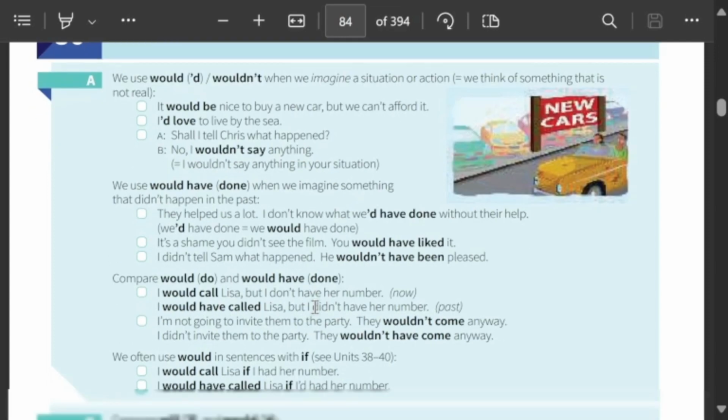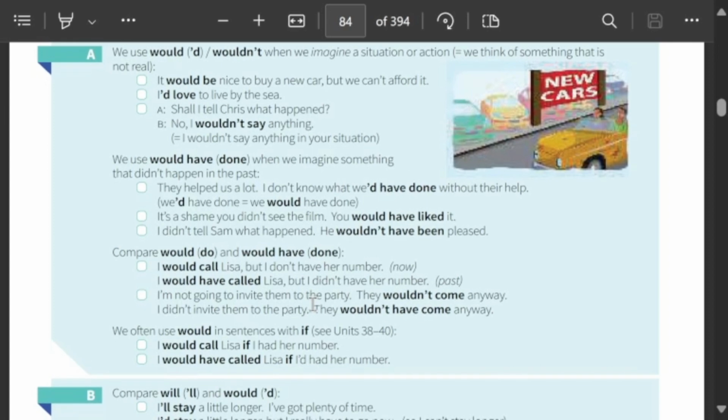We use would have done when we imagine something that didn't happen in the past. They helped us a lot in the past, you see. Simple past: they helped us a lot. I don't know what we'd have done without their help.